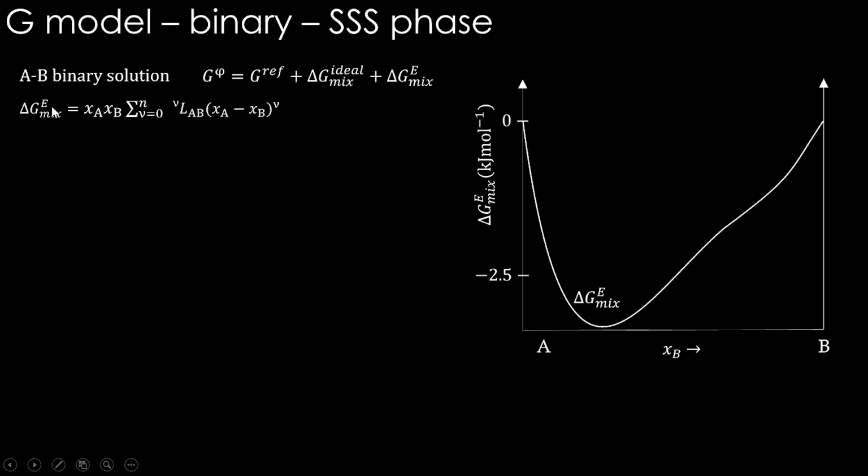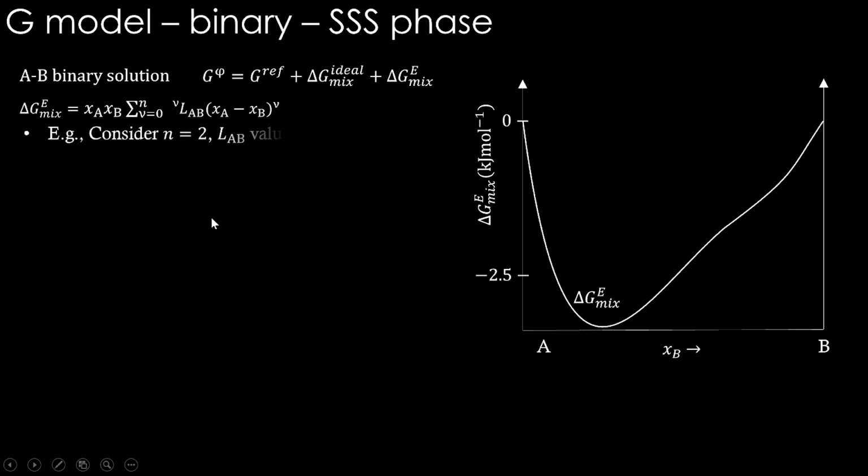So delta GE mix XS is equal to this thing we have written in the previous slide, XAXB summation over 0 to n LAB nu multiplied by (XA minus XB) power nu. So this nu 0 to n is going to repeat and that has to be summed depending on what n is. Depending on the complexity of the curve, we can increase the n.